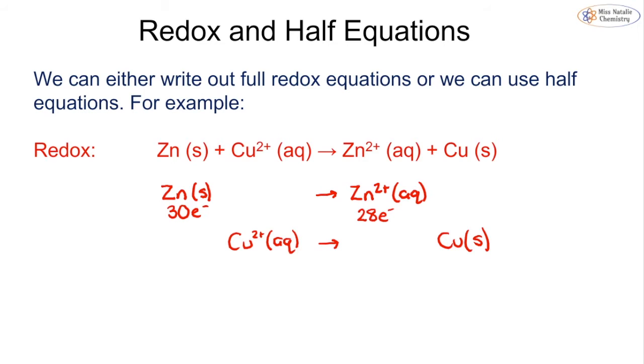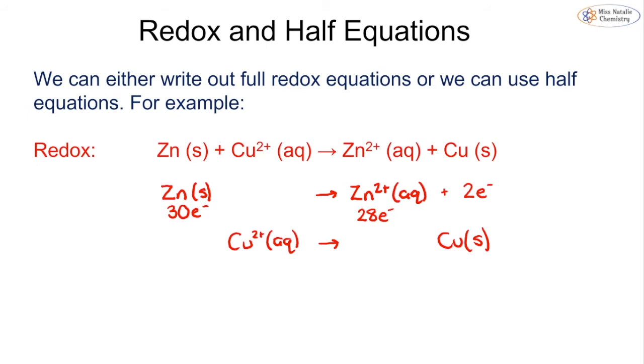Now, the most important thing about the number of electrons is they must balance out on each side. So if I have 30 electrons on the left-hand side and only 28 on the right-hand side, I need to add 2 electrons into my equation. And now I have 28 plus 2 giving me 30.